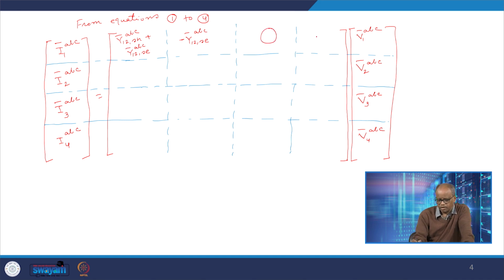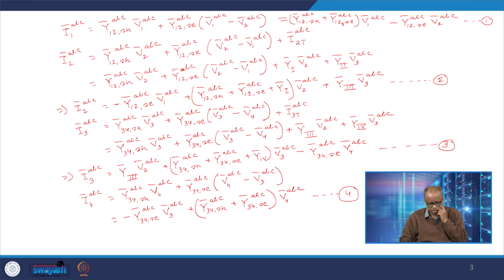This is a null matrix. This is a null matrix. Please note that this is a 3 cross 3 matrix. This is also a 3 cross 3 null matrix.